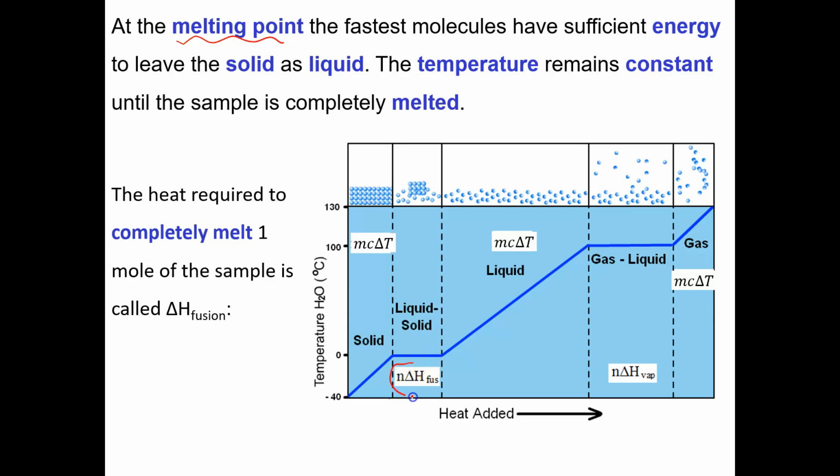The energy required to melt our sample is determined by the number of moles that we have, that's what the n stands for, and the enthalpy of fusion, which is expressed per mole. That's going to determine how much heat we have to add. Once we have 100% of our sample melted, when we add heat, the temperature starts to rise again.